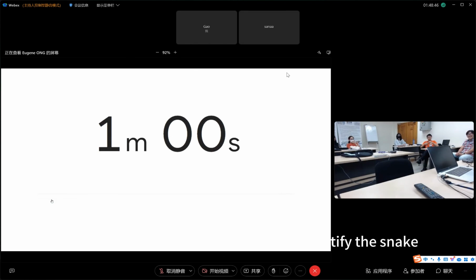What you say is correct. If you need to identify the snake, because different snakes have different venoms, right? So for the anti-venom, you need to know what snake has bitten you.